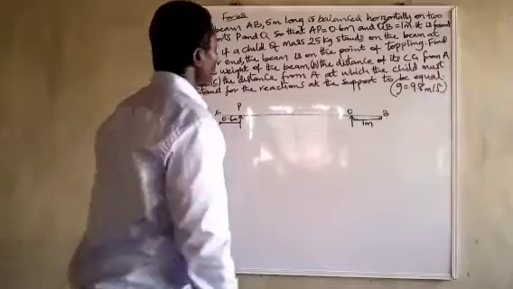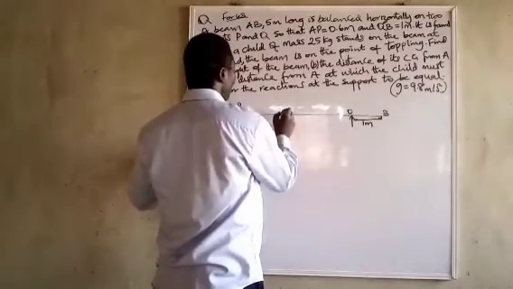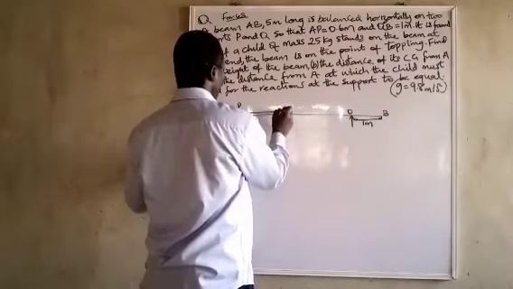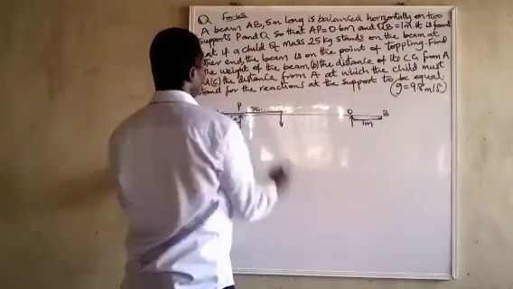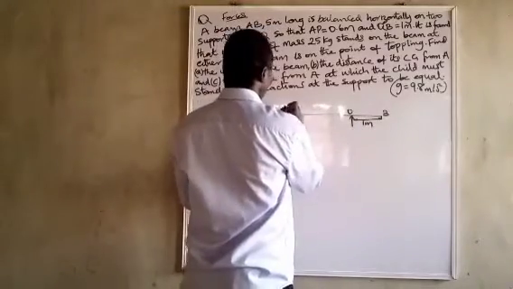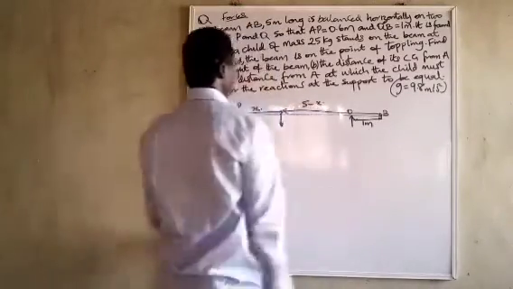Then the CG from A, let's call it X. So it will be 5 minus X from B.